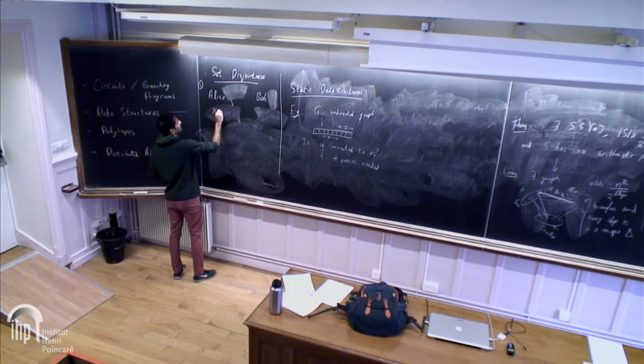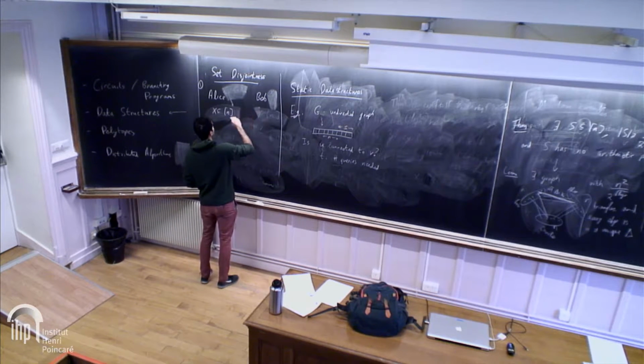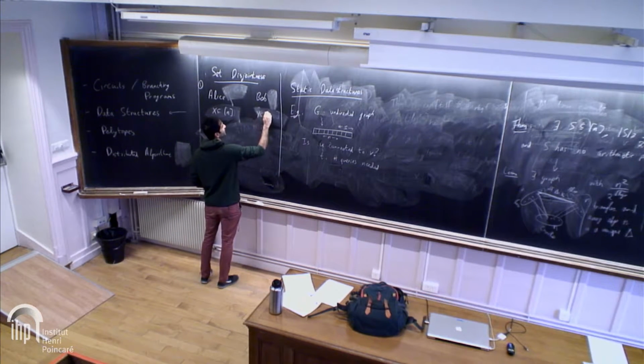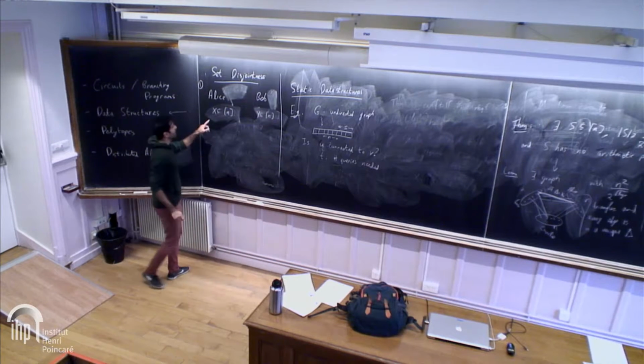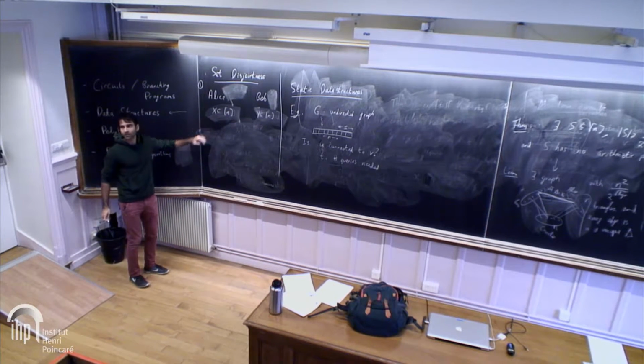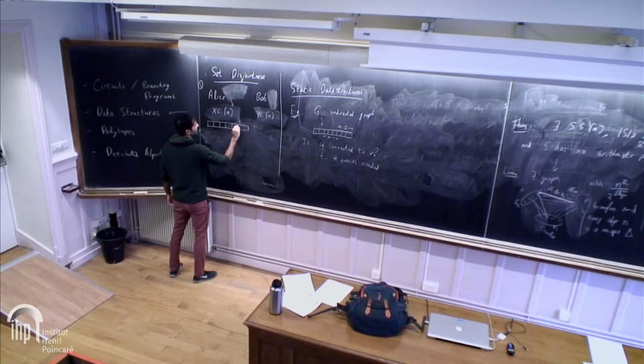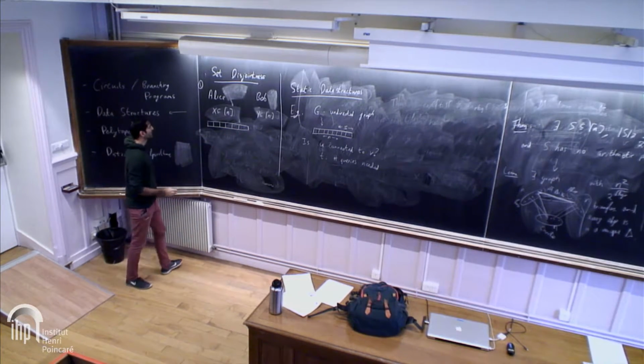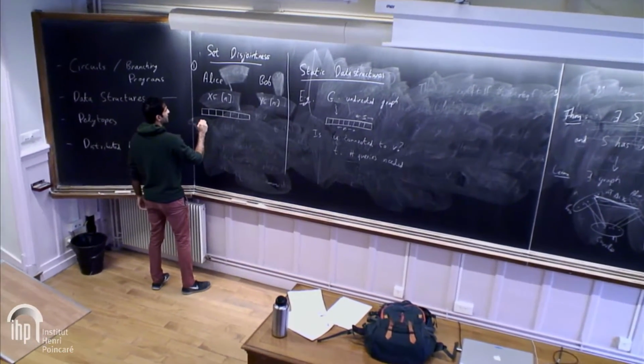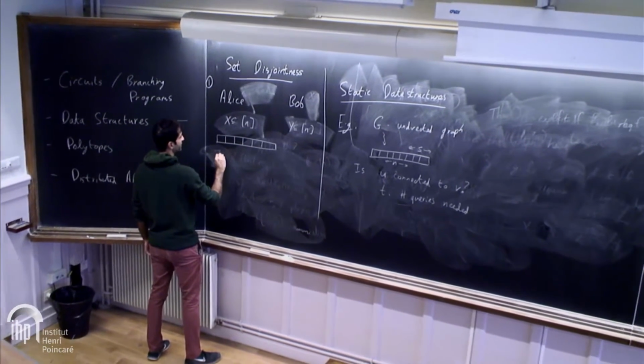X is going to have a set of size n, and Bob is going to have a set, just as before. But now X is going to have a special format. This is the indicator vector for X, and there are going to be k blocks here.